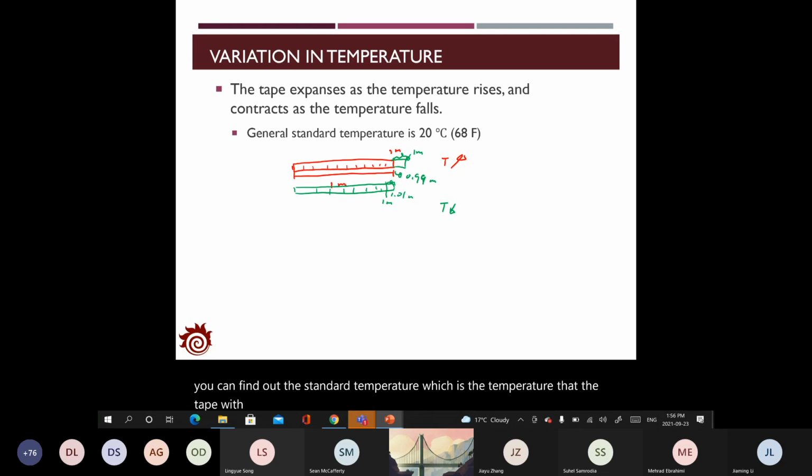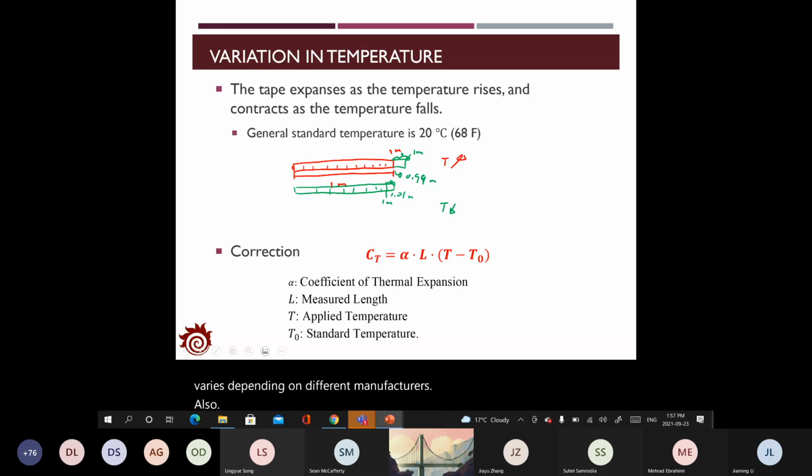At that temperature, you will not observe any errors from the temperature. Generally, for most tapes, the standard temperature is 20 degrees. At that temperature, there isn't any error, but this varies depending on different manufacturers.